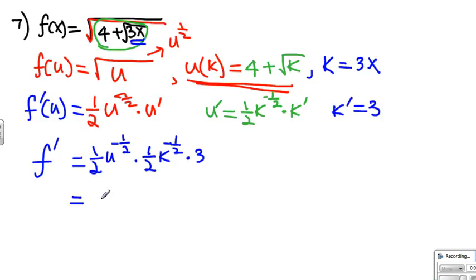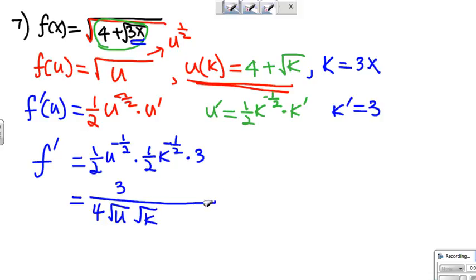Now, once you combine them, we end up getting 3 as the only numerator, and 2 times 2 becomes 4, and we end up getting square root of u, because that's what negative 1/2 power does to u, and so square root of k. But as we have seen before, u was equal to whatever was inside, and we can in fact write down the whole thing here.